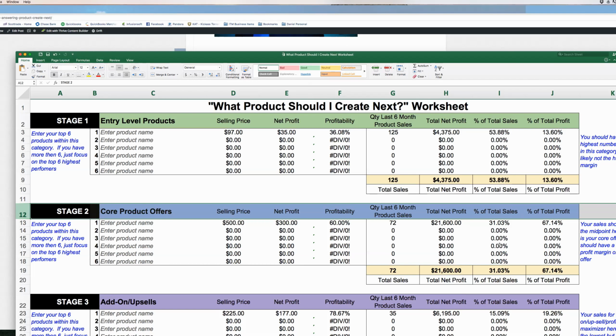You'd probably be looking at how many can you have and what's the highest amount of return you can have, right?